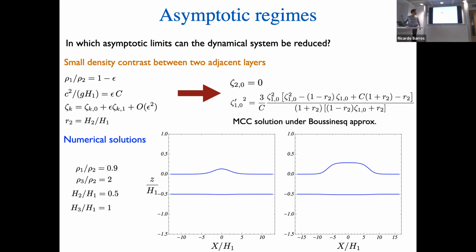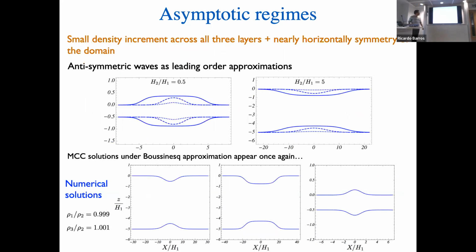What other solutions can we have? For example, this is the case when you have a small density increment across all 3 layers, plus nearly horizontal symmetry of the domain. So this is me going back to that extremely idealized situation where you have a lot of symmetry, for which mode 2 internal solitary waves are known analytically for Euler.